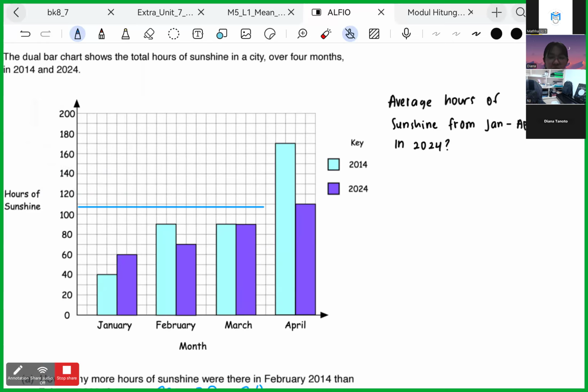What is the average hour of sunshine from January until April in 2024? Average is mean, so you need to count the mean.